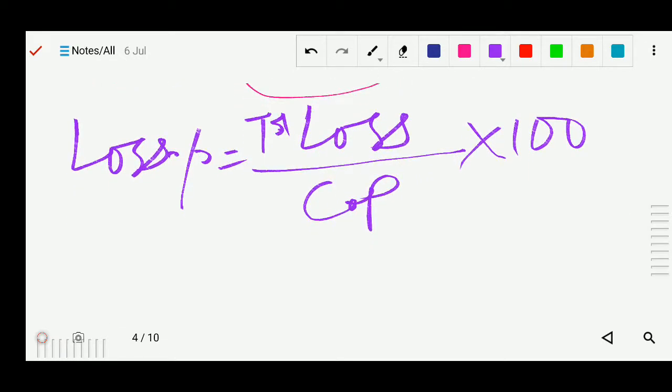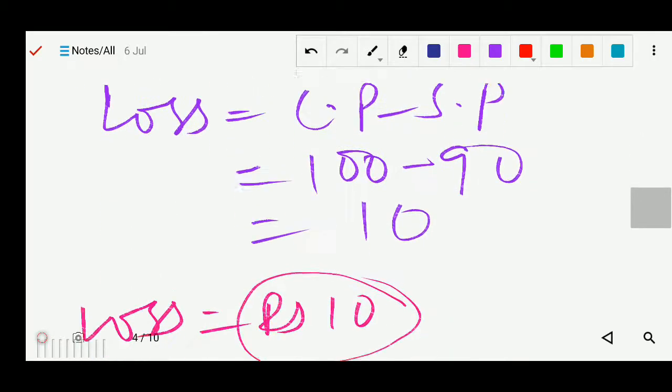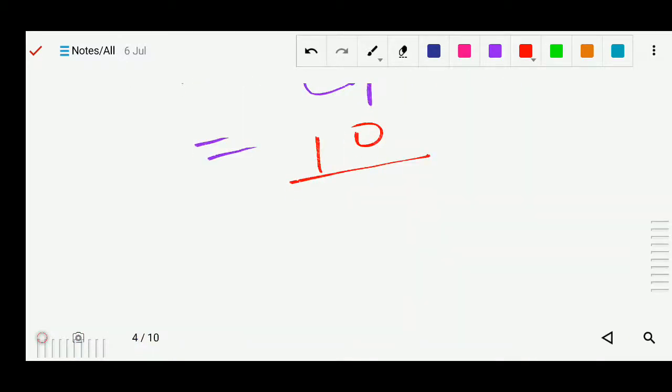That is 10, so I will write 10 here. What was the cost price? We always know that profit and loss percent is calculated only on the cost price, not on the selling price. So I will write here the cost price was 100, and since we are finding the percentage, we will multiply by 100. Got it?